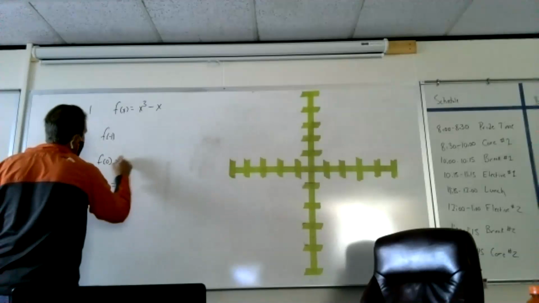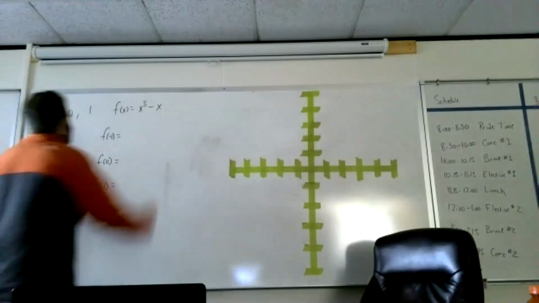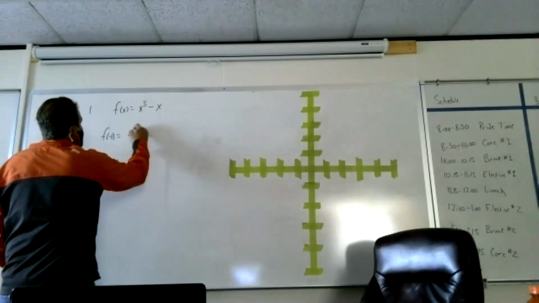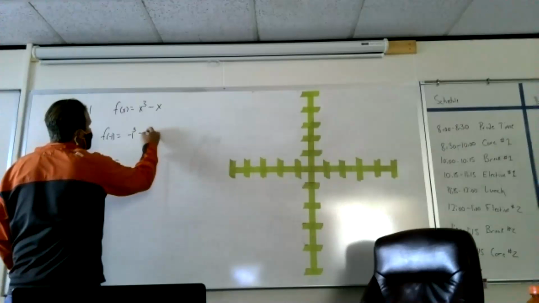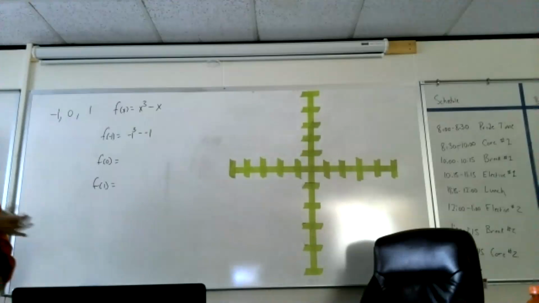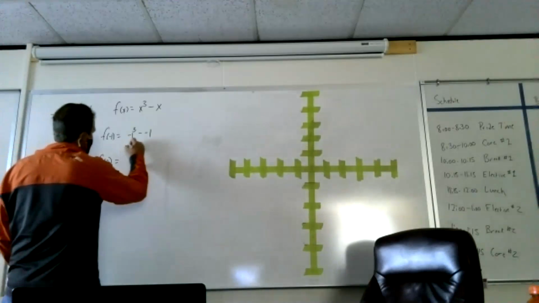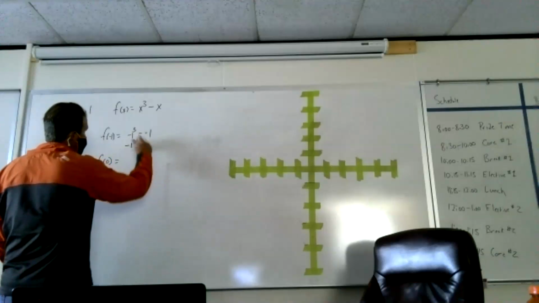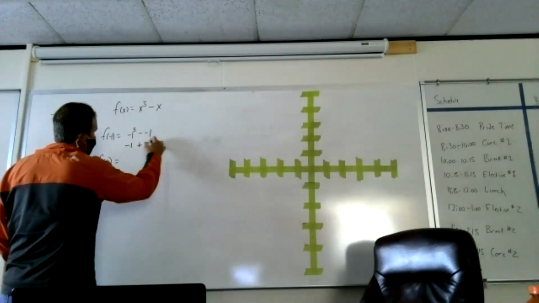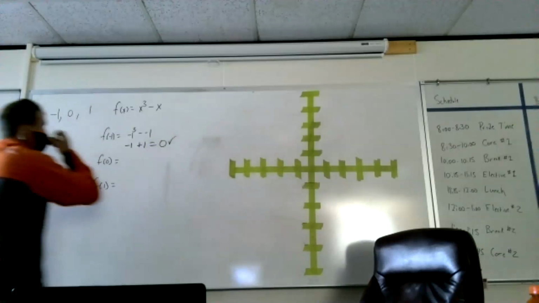That can work, and I can do it pretty simply. So -1 cubed minus -1. -1 cubed is -1 times -1, which is a positive 1, times another -1, which gives me -1. And then minus a -1 turns into a +1 to give me 0. So that one would check out.